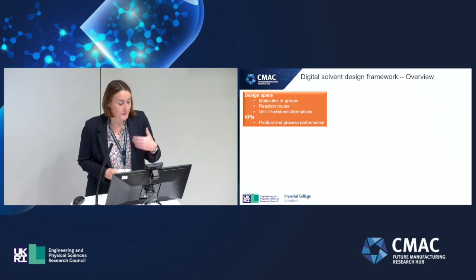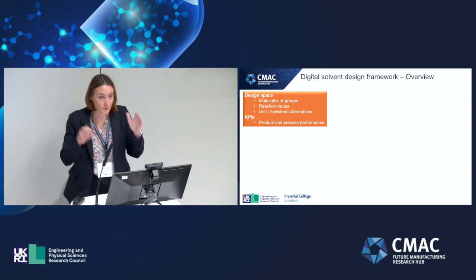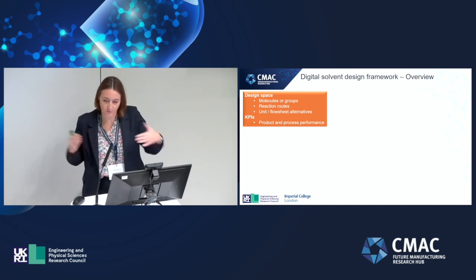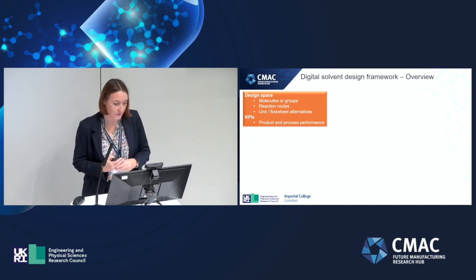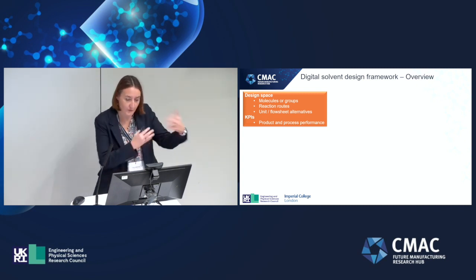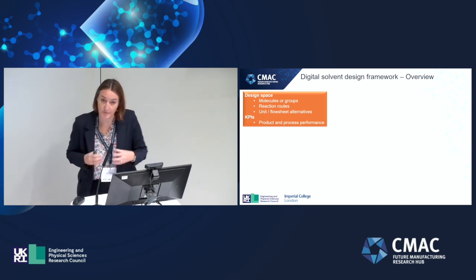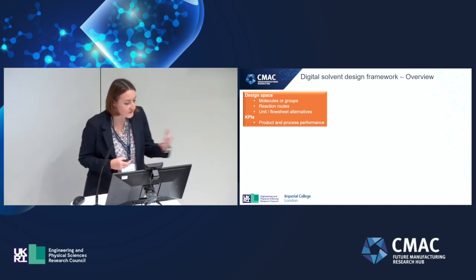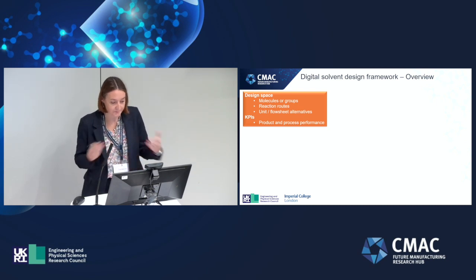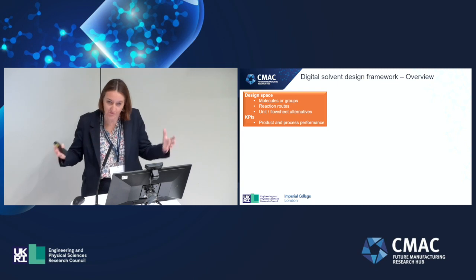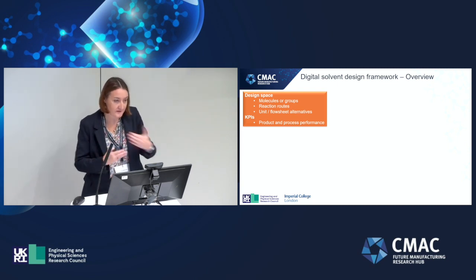So what we've been doing is developing a framework to try and put this on a unified basis and to be able to keep expanding that framework going forward. We start with a design space that we have to define, which is what solvent molecules or atom groups we're willing to use in our design; one or more reaction routes if we're looking at reactions; and specific units or a choice of units, flow sheet designs, connectivities of flow sheets.